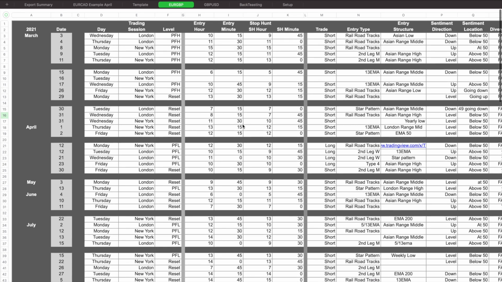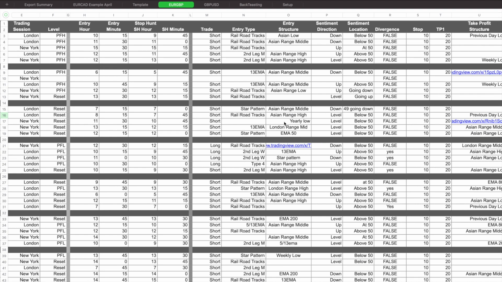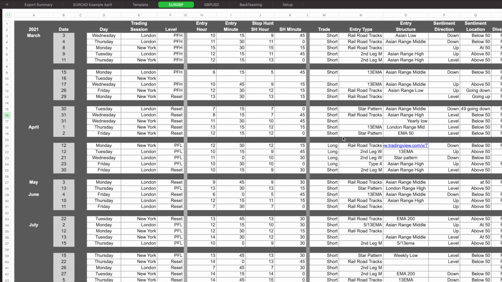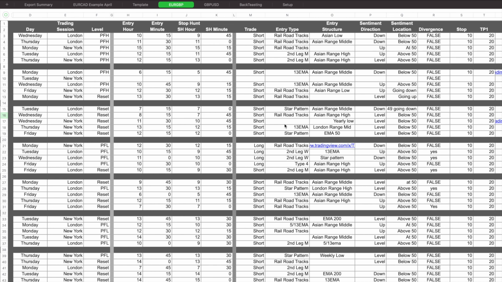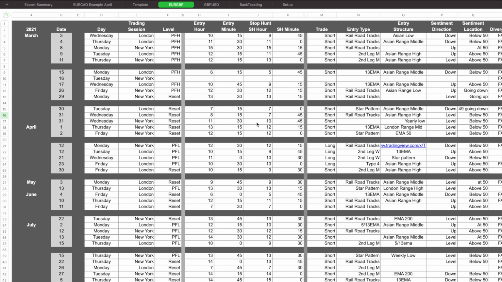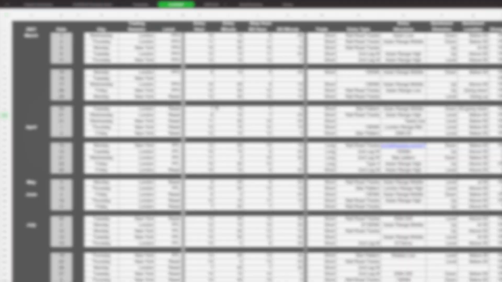Use this as inspiration for stuff that you should be collecting, and again, it just depends on what strategy you're actually using. But for the strategies that we teach our students, we give them this journal to backtest and collect data from. So this is what a backtesting journal would look like for you guys.